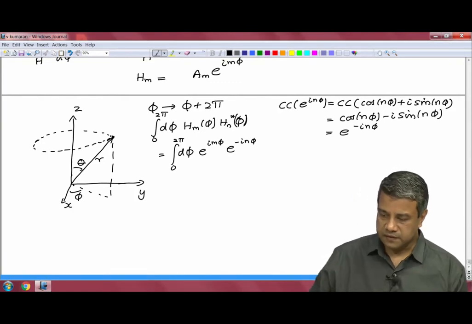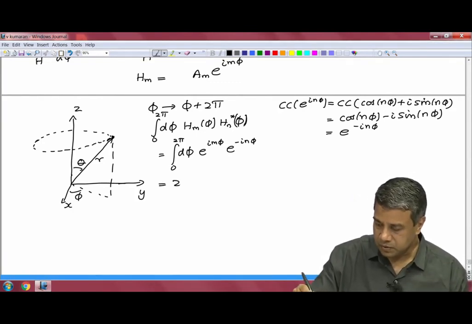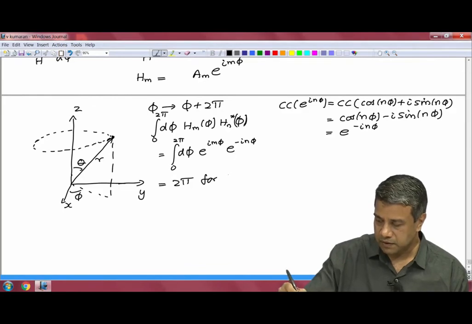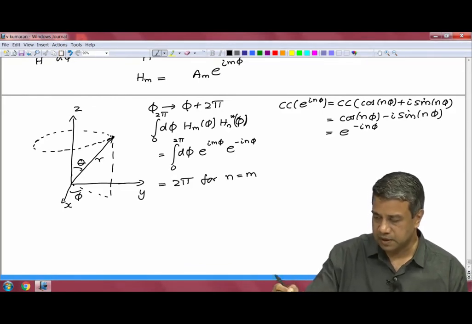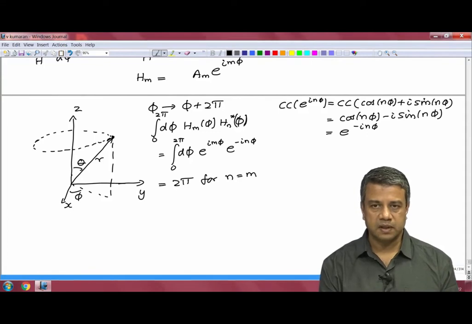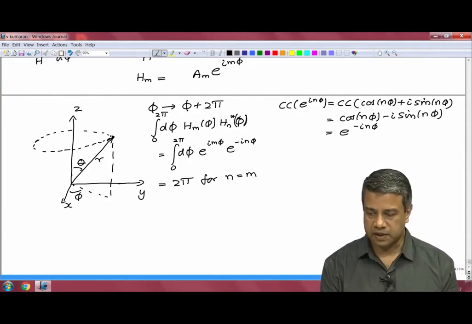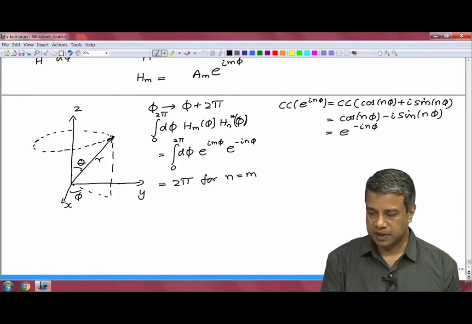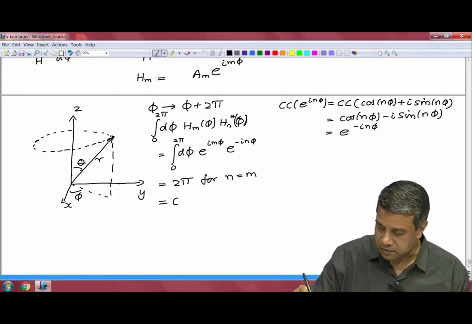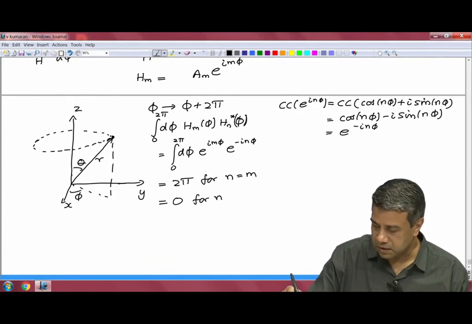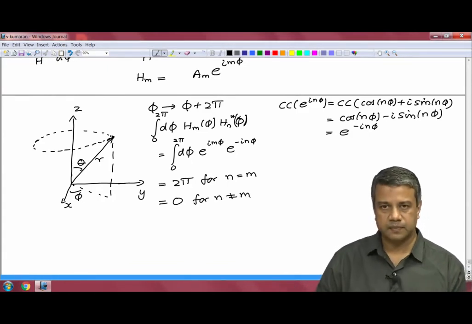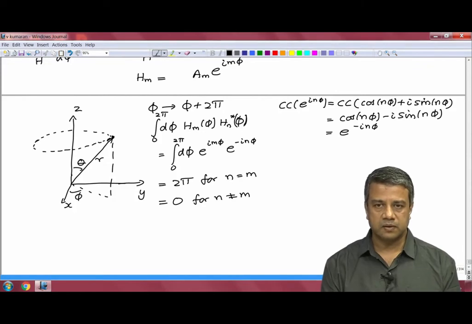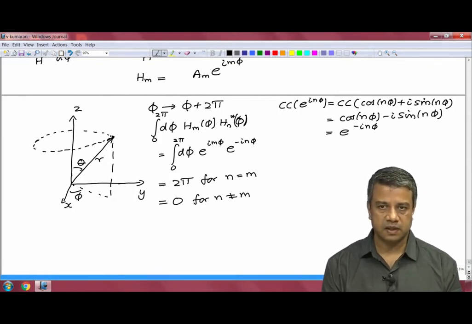And you can easily verify that this is equal to 2 pi for n is equal to m, because for n equal to m, the argument just becomes 1 and I have the integral of d phi between 0 and 2 pi, that is just equal to 2 pi. And this is equal to 0 for n not equal to m. Because if n is not equal to m, then you have e power I times some integer times phi, because n minus m is an integer.